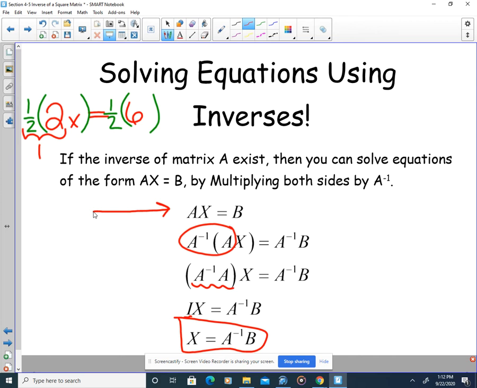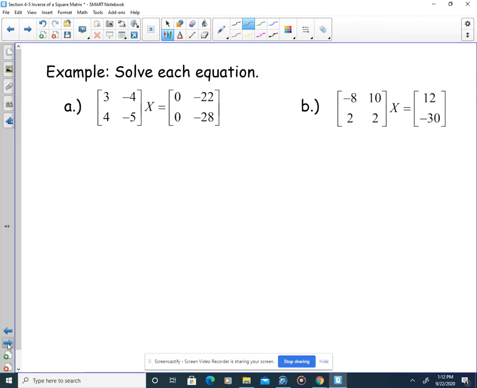So let's do some examples here. Solve each equation. Again, my variable is a matrix. So I want to figure out what matrix I take times this matrix to get this matrix. I want to know, what does X equal?